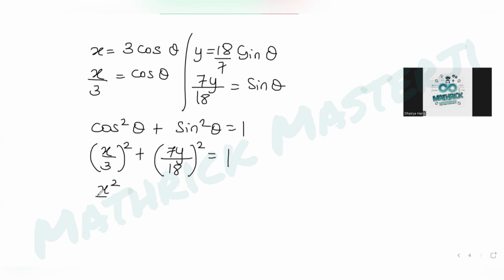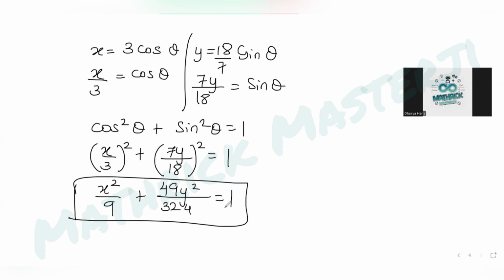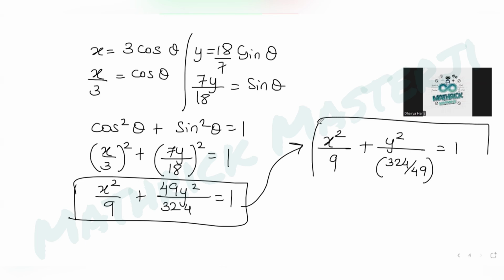So x square over 9, 7 square 49, y square 18 square 324 equals 1. So if I see here, and if I try to frame it in the general form of any of the conic equations, I get this 324 over 49 equals 1. And basically, if I see this locus of point R is nothing but an ellipse.